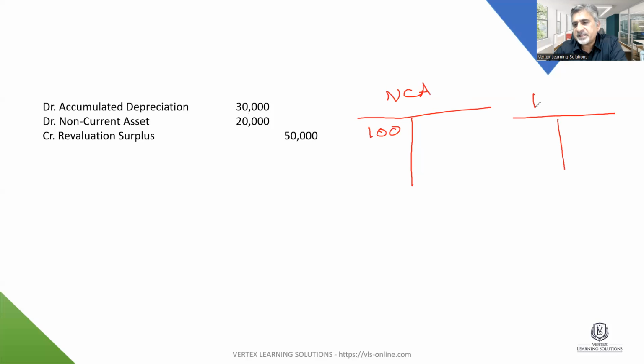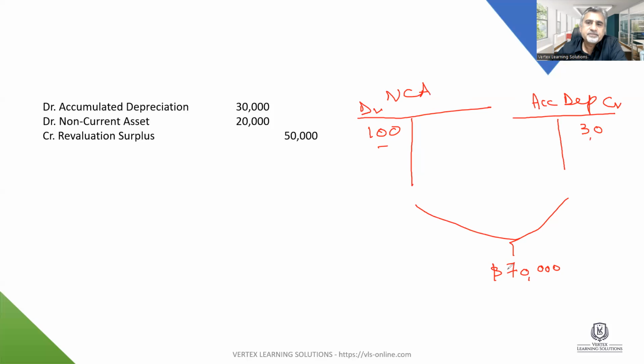Over a period of 6 years, accumulated depreciation 30K. This was debit, this was credit, and the net book value was 70,000, because asset minus accumulated depreciation is 70,000.